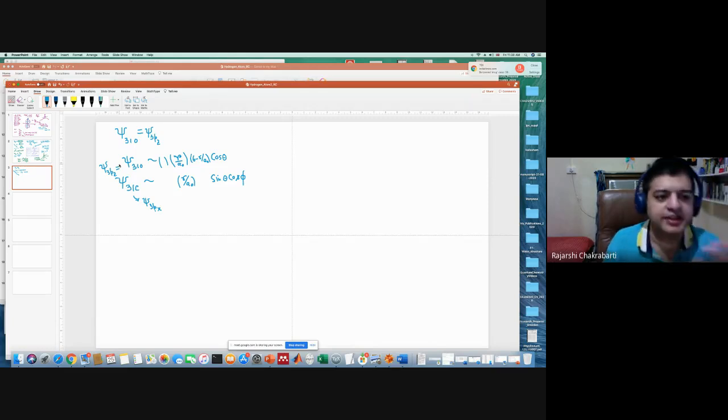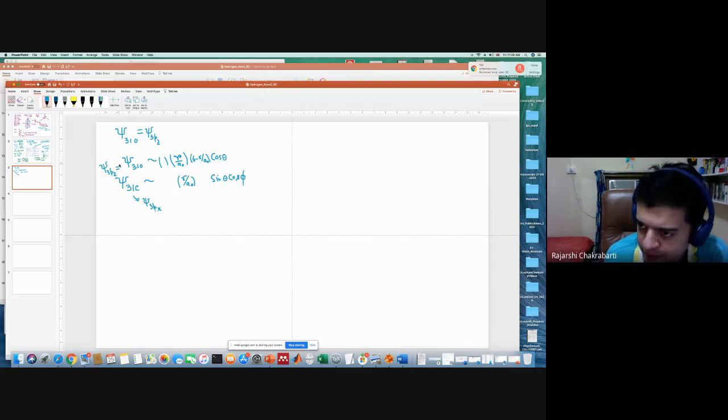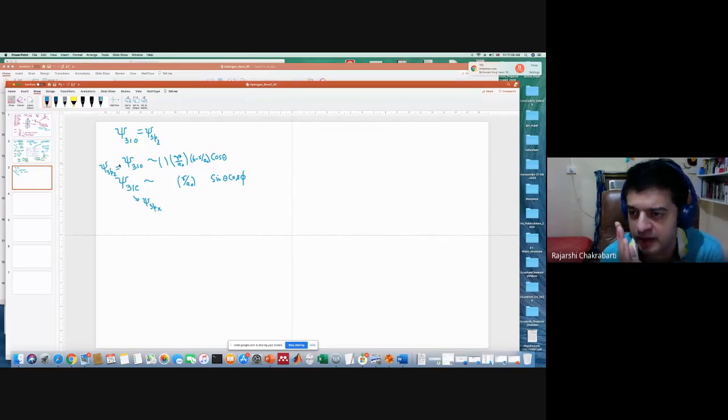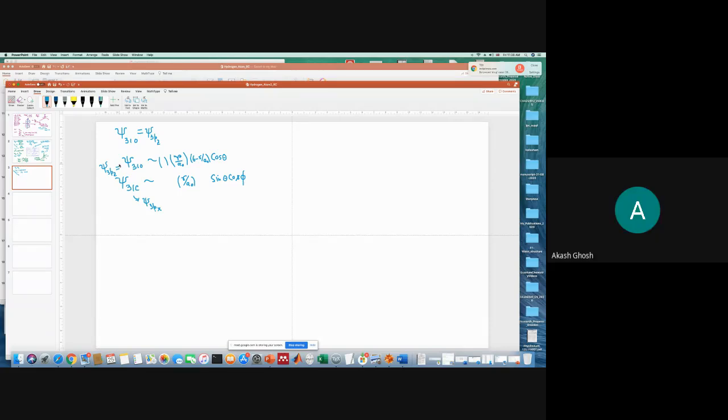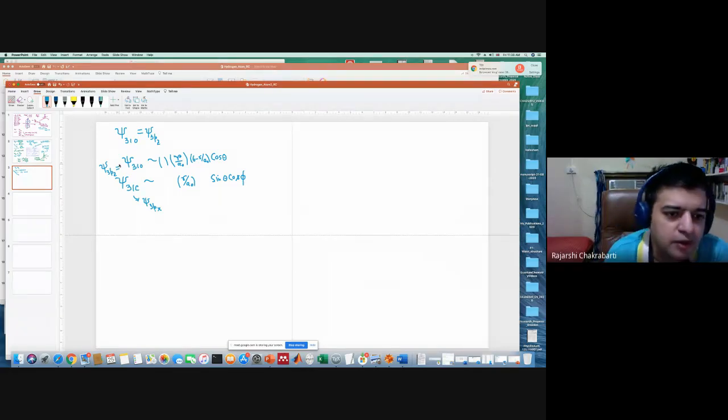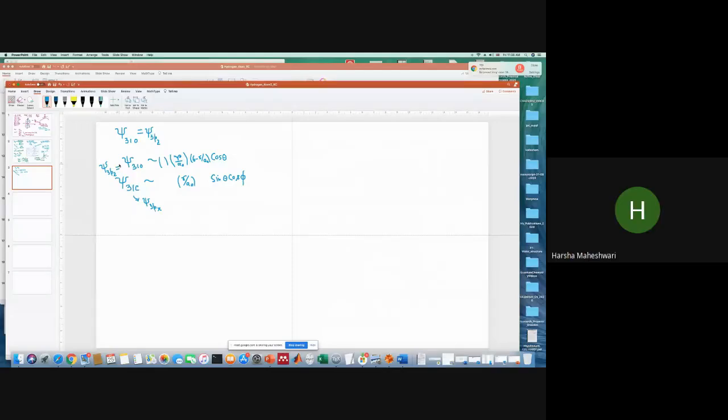Because you know the radial part is not going to change, only the angular part is going to change, and you know that x in terms of r, theta and phi is r sin theta cos phi. So it will be the same radial part as for 3pz times sin theta cos phi. The constants you may not remember, but it is not very difficult. Are you following the logic? This is very important. I'm teaching you some tricks to remember.